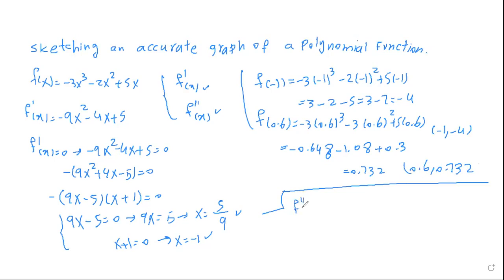f second x, the derivative, is negative 18x minus 4.